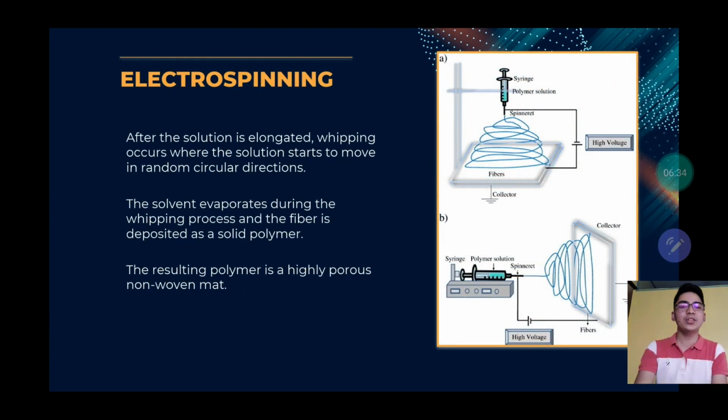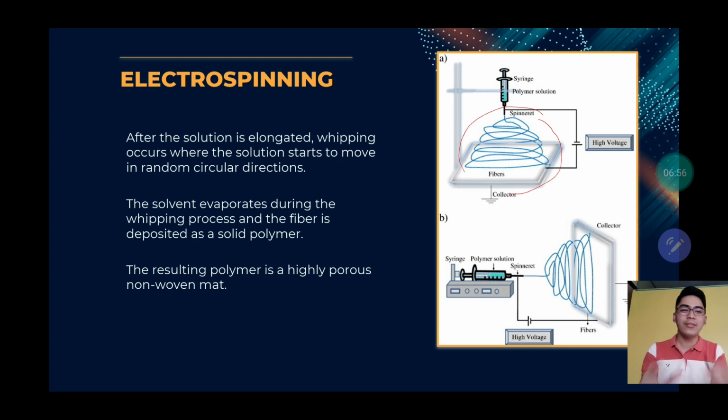Next, after the solution is elongated, whipping occurs, where the solution starts to move in random circular motions. In the picture, the solution is moving in a circular manner because of this induced high electric current. The solvent evaporates during the whipping process and the fiber is deposited as a solid polymer.